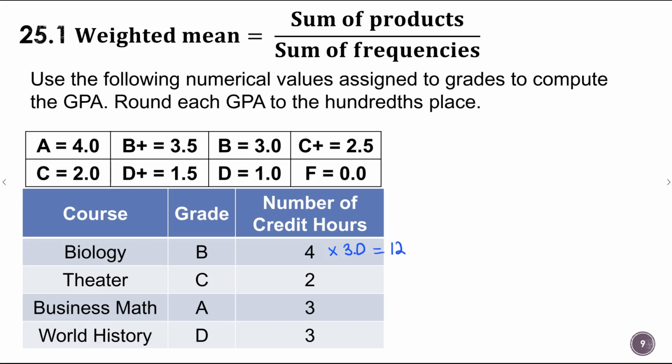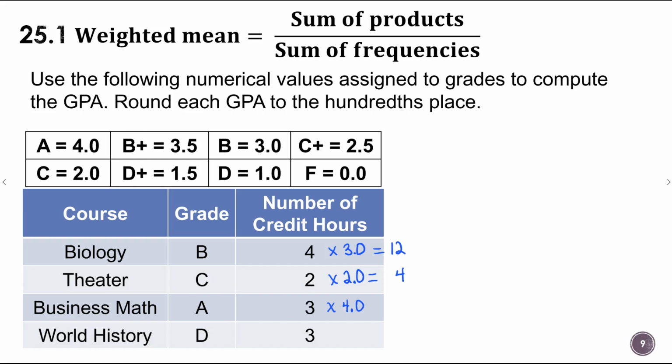Now, C's, of course, are not worth as much. A C is worth 2 points, and I'm going to write that as 2.0 so that we know where that came from. So a C would be worth 4 points. A 2-credit hour class awards you 4 points at the end of the semester towards your GPA, if that makes any sense. And notice I put the A in the business math here. A's are worth 4 points each for each credit hour.